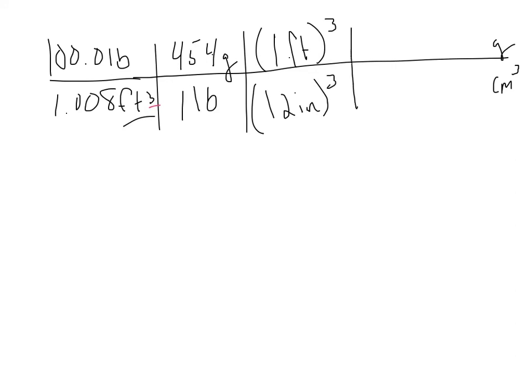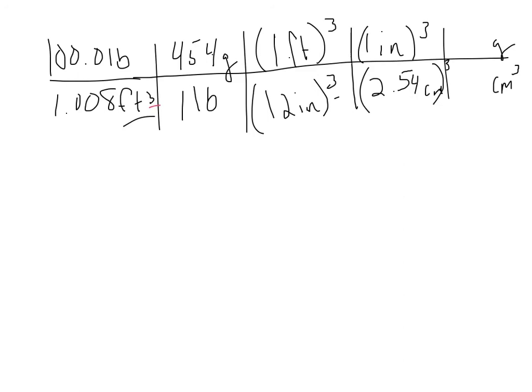Then next step is we need to get it into centimeters cubed. So inches goes up here, and in 1 inch there are 2.54 centimeters. Now reminder again that the inches are cubed, so we also want to cube this top value, and in doing so we're also going to cube the 2.54 centimeters.